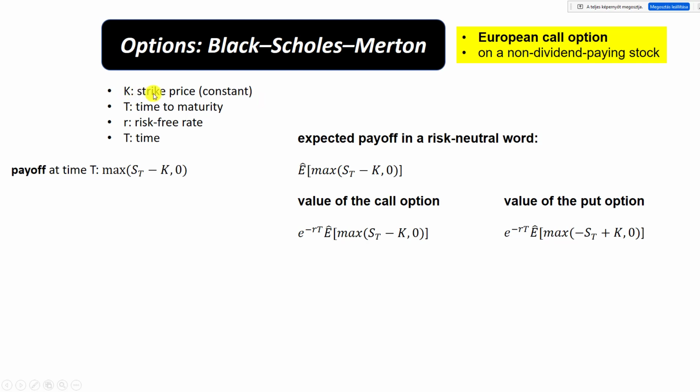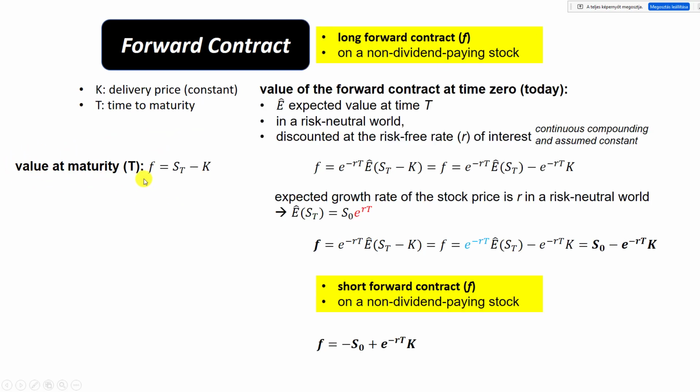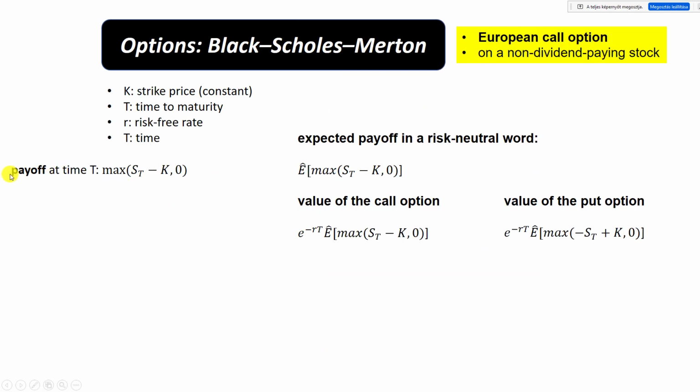Okay, so because we are talking about options, there is still a target or strike price, we have time till maturity, we have risk-free rate, we have time. Yeah, two things are the same. And again we can start with a similar approach, so value at maturity, payoff at time t, when we are reaching the maturity.